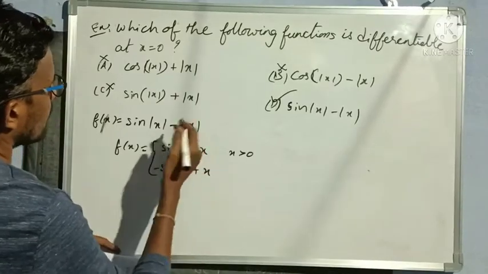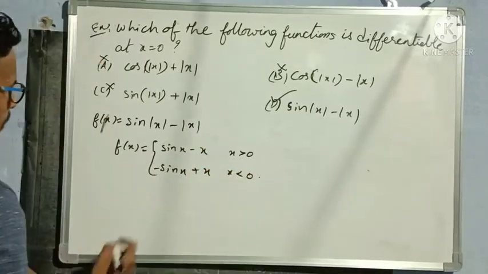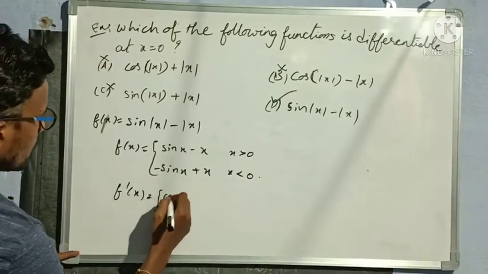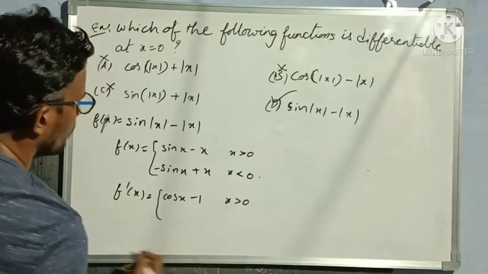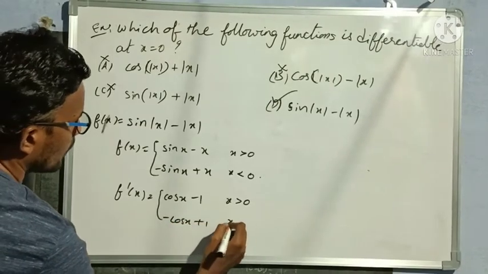Why? Because minus already is there, minus of minus becomes plus. So when x less than 0. So differentiation again, f dash x is equal to cos x minus 1 when x greater than 0, and here minus cos x plus 1 when x less than 0.